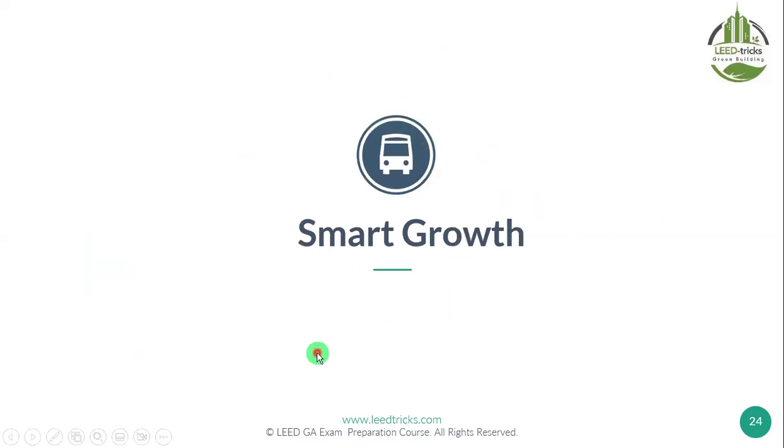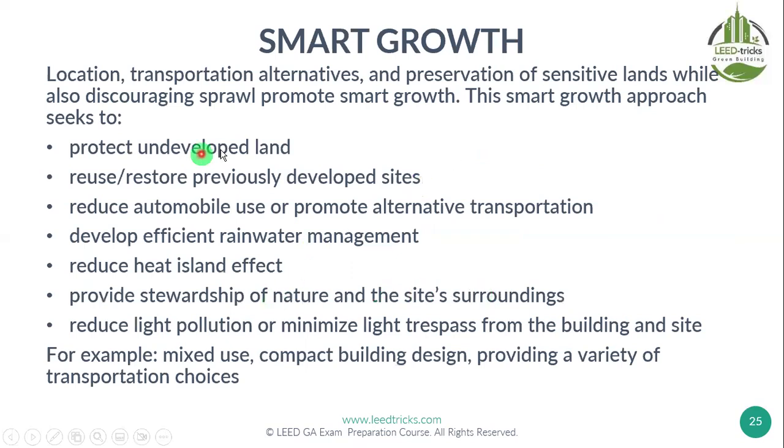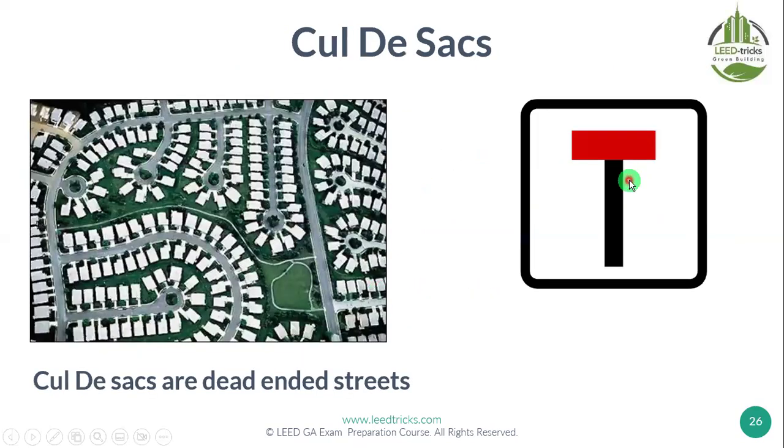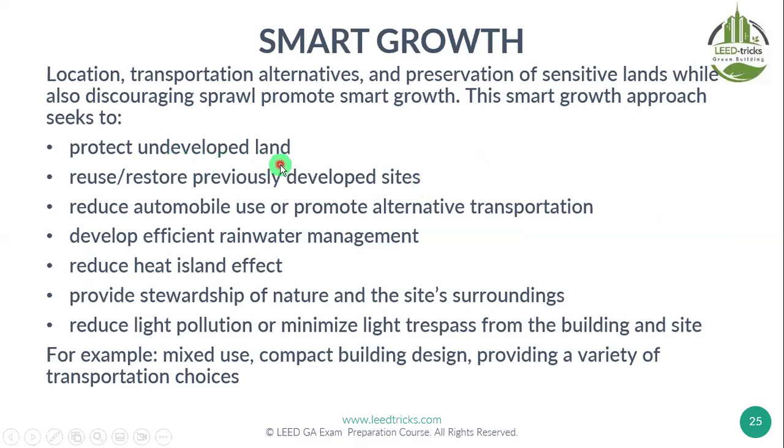Smart growth. What is smart growth? This is related to the previous credit, and we just need to know what it means. Smart growth means my city will increase without using green field, so protect the undeveloped land. That's what we do in LEED location and transportation. We always want to reuse buildings, reuse land, dense areas with services.